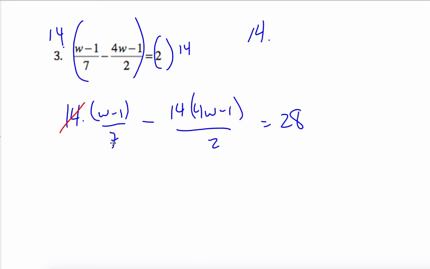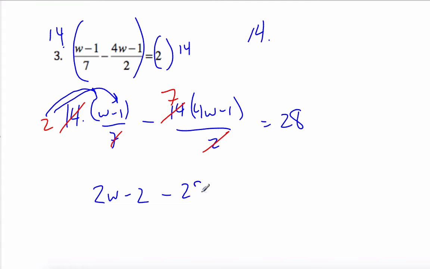Simplifying here, that becomes a 2, and that becomes a 7. Now we have to distribute in our values. So I get 2w minus 2. Be careful, this is a negative 7. Negative 7 times 4w is negative 28w. Negative 7 times a negative 1 is a positive 7. It's equal to 28.